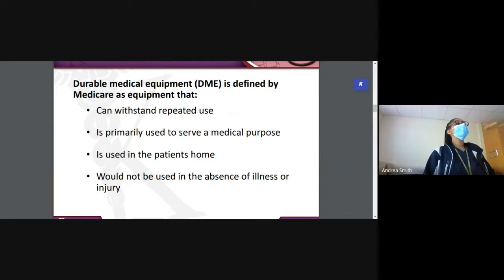DME is defined by Medicare as equipment that can withstand repeated use, is primarily used to serve a medical purpose, is used in the patient's home, and would not be used in the absence of an illness or an injury.